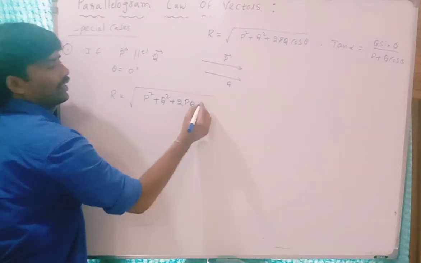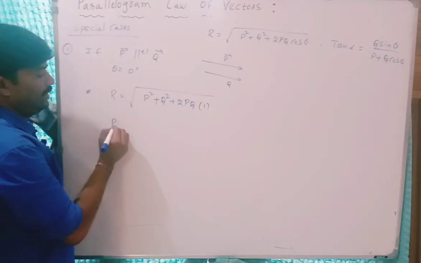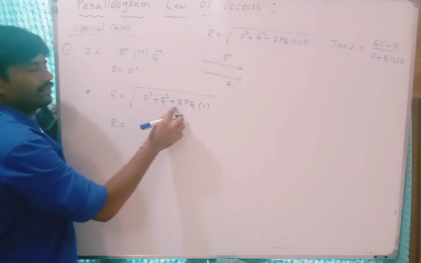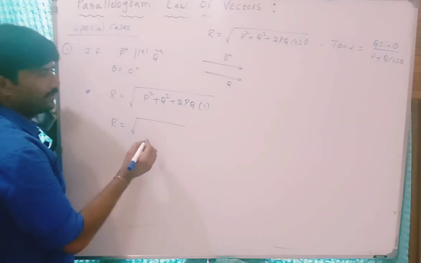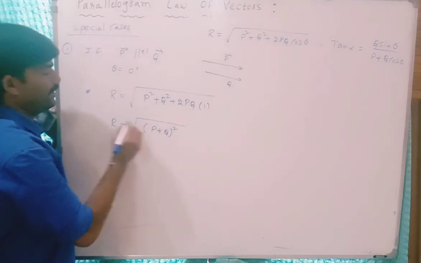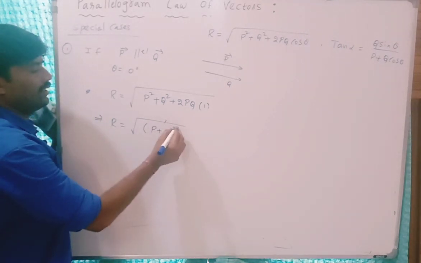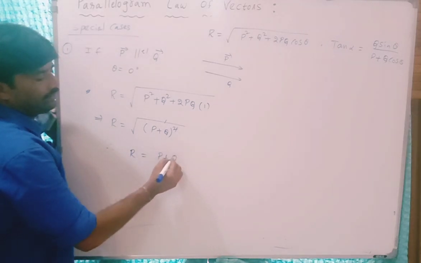Cos 0 is 1. So it is of the form a square plus b square plus 2ab. You can write it as a plus b whole square. So it is p plus q whole square. So square and square root cancel. So r is equal to p plus q.